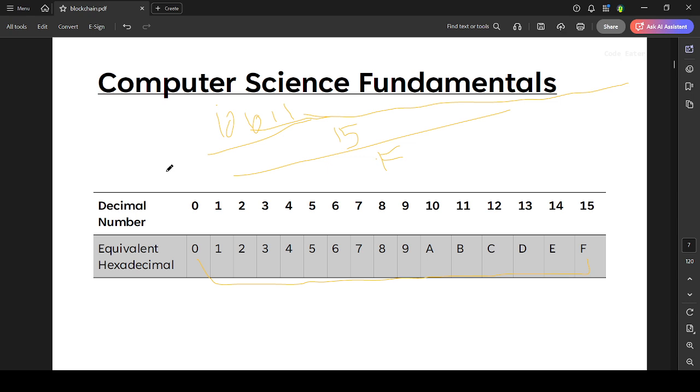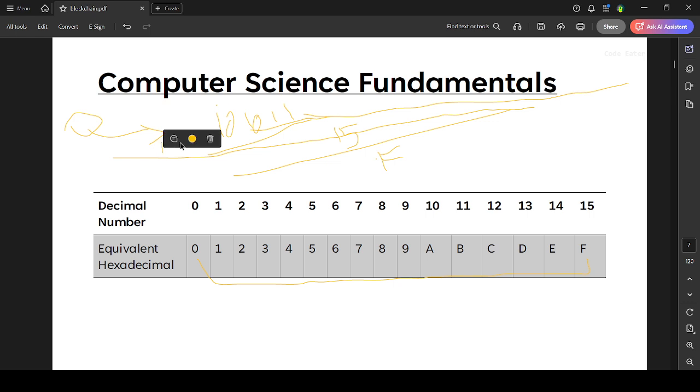Again, here we have the hexadecimal number. So why do we use hexadecimal? We use hexadecimal numbers for referencing. Let's suppose this is a binary number and it converts into a long decimal number. How will you denote it?